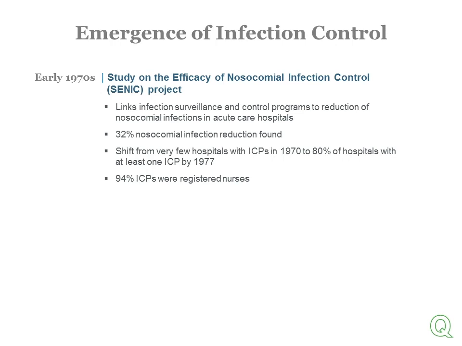However, the study identified later that by the mid-1970s, thousands of hospitals had infection surveillance and control programs. And by 1977, 80% of hospitals had an infection control professional, 94% of which were nurses.